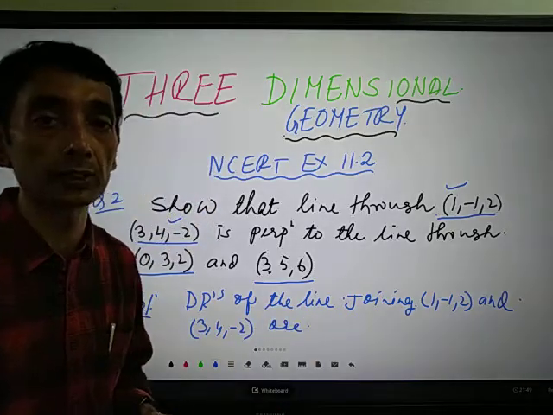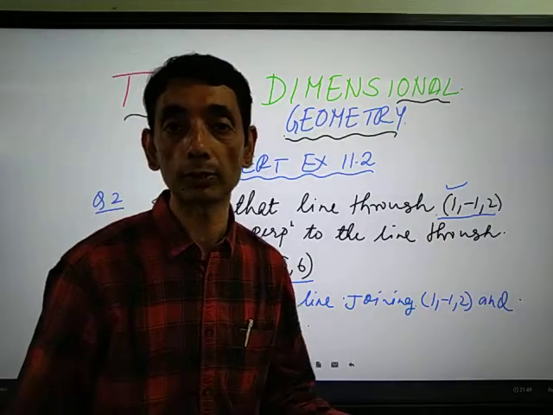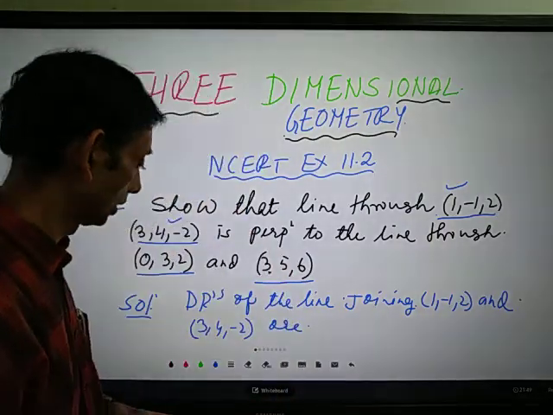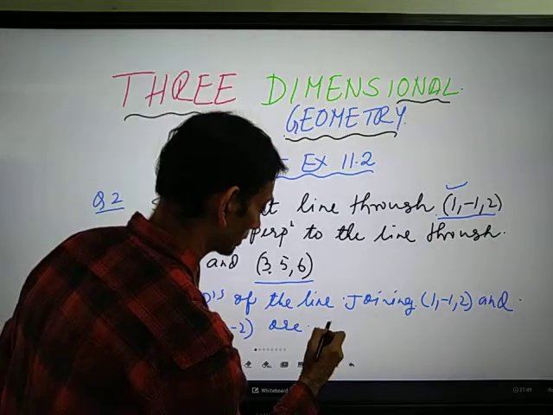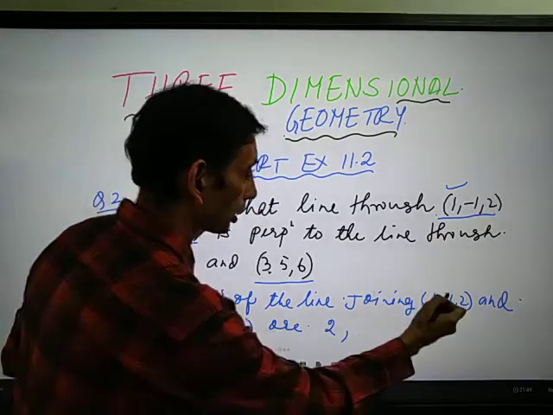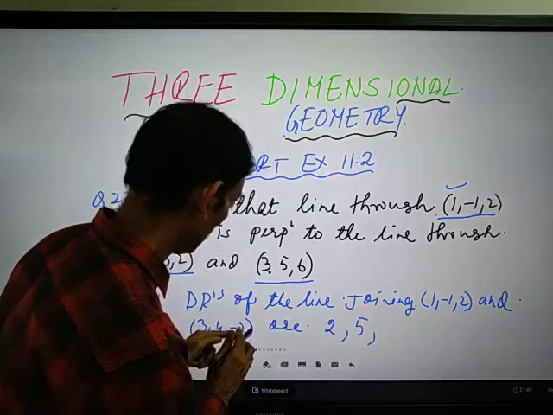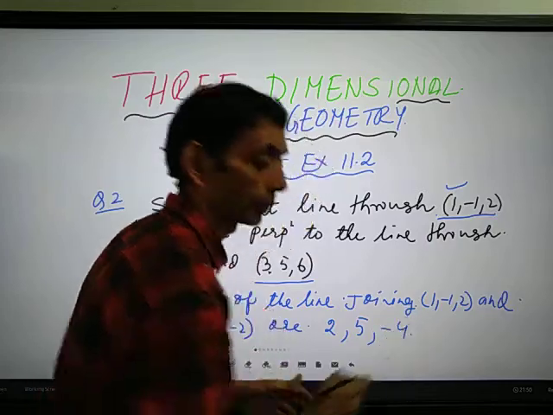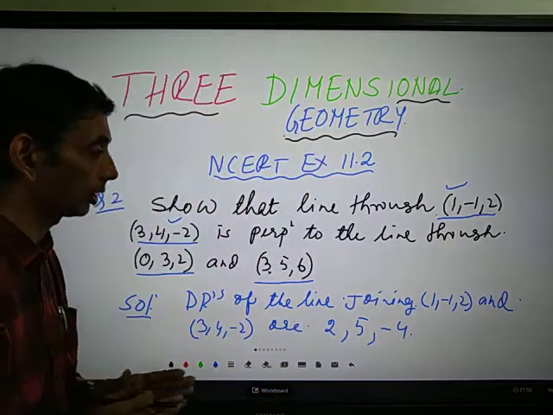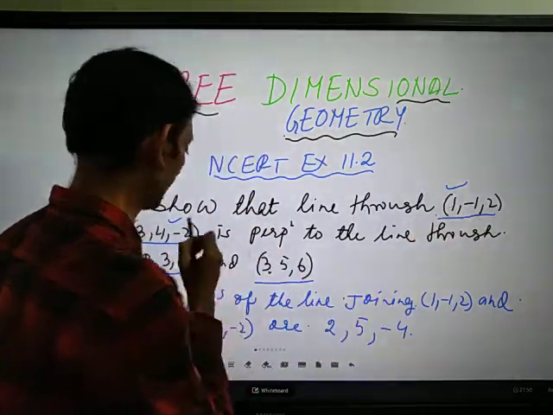We know that the direction ratio joining 2 points is given by x2 minus x1, y2 minus y1 and z2 minus z1. So 3 minus 1 is 2, 4 minus 1 is 5, and -2 minus 2 is -4. So this is the direction ratio of the first line joining these 2 points.